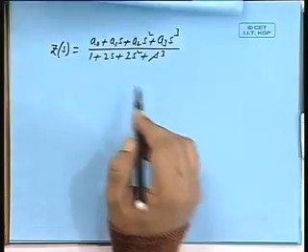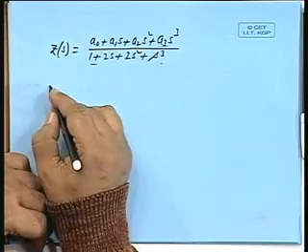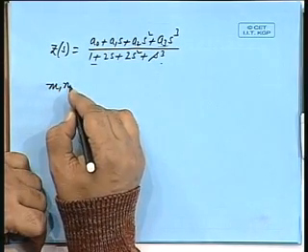Once you have determined the denominator, you assume a polynomial for the numerator. Then what will be m1 m2 minus n1 n2?